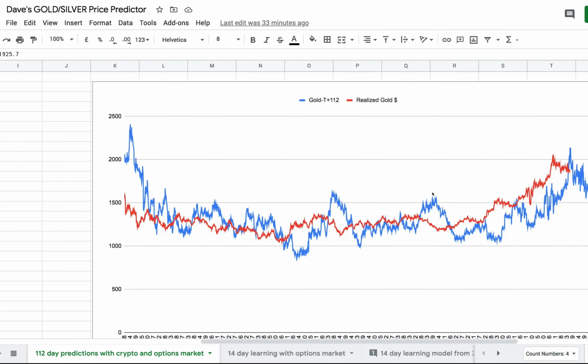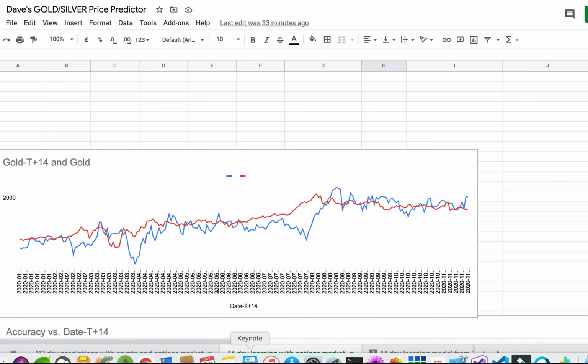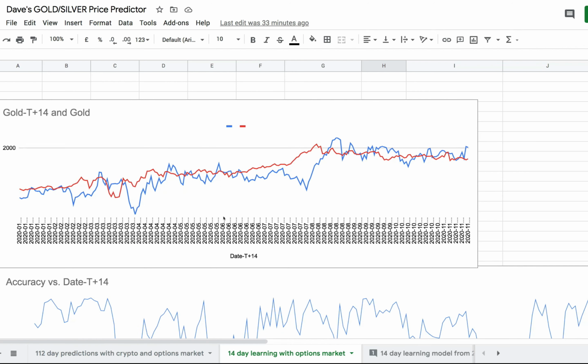But it also tells you something else. It also tells you that if the status quo stays the same, because when I look at how the model works, and at the 14-day model, when the status quo is the same, that means there is very little external factors impacting the price of gold. It's pretty accurate in terms of projecting.